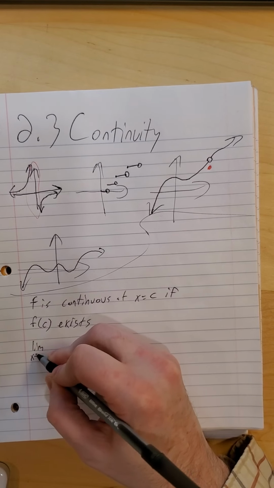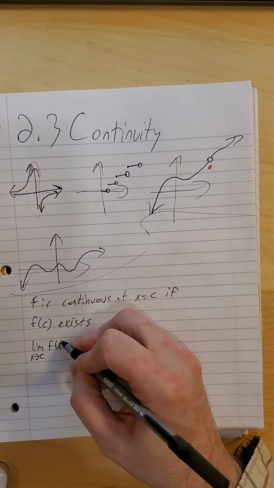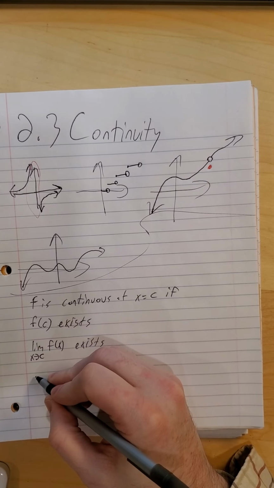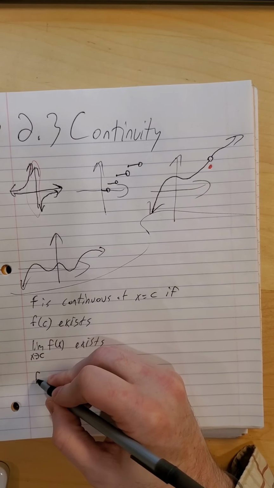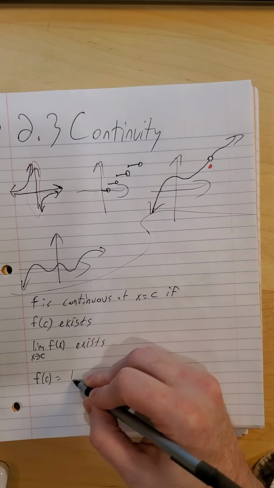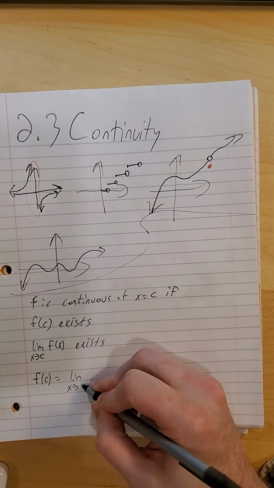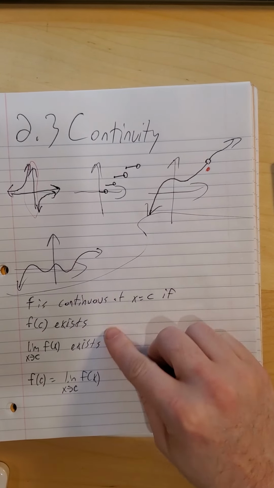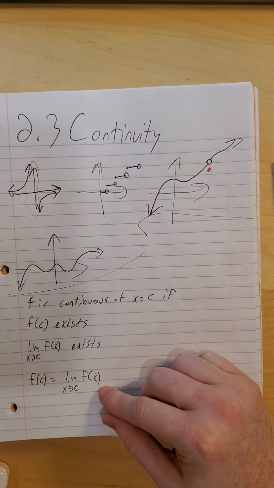The limit as x approaches c of function f of x also exists. And the key last one, f of c is the same as the limit as x approaches c of function f of x. So those are the three conditions.